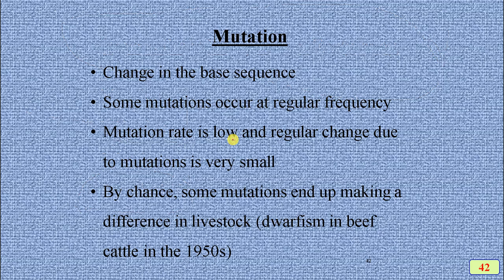Mutation is the change in the base sequence of the genetic material, and some mutations occur at a regular frequency. The mutation rate is low, and the regular change due to mutation is very small. By chance, some mutations end up making a difference in livestock, like dwarfism in beef cattle in 1950.